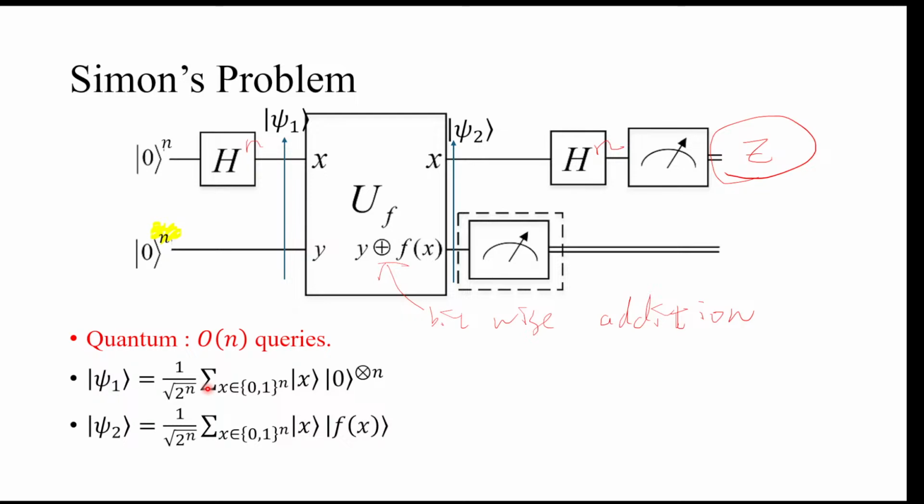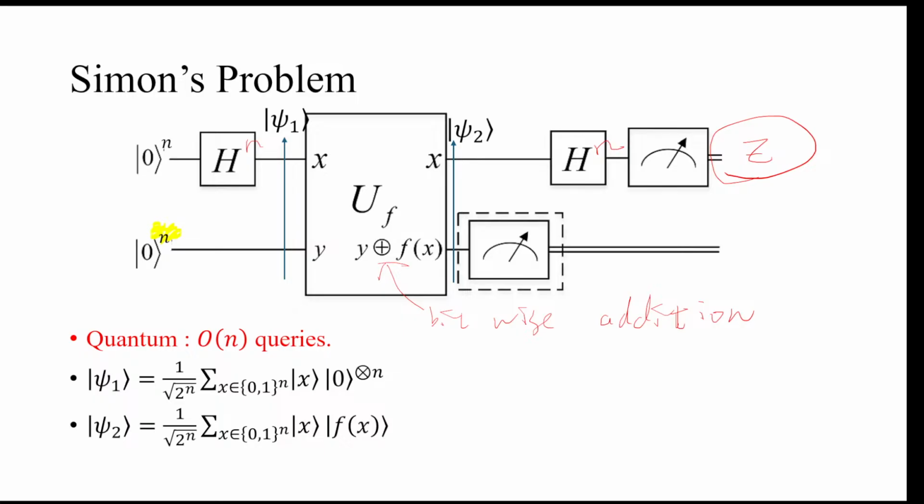But anyway, let's try to go through the algebraic analysis here. We have state 1 and state 2. So far it should not be too hard. Okay, and yeah, this is bitwise addition here, but it's actually not too important how we do the addition here, because y is all 0, so we just have f of x here.